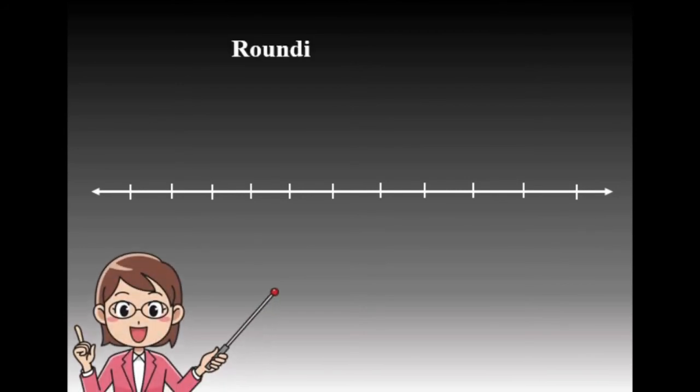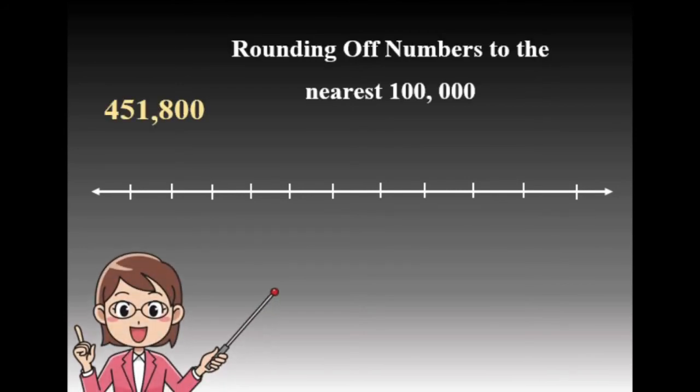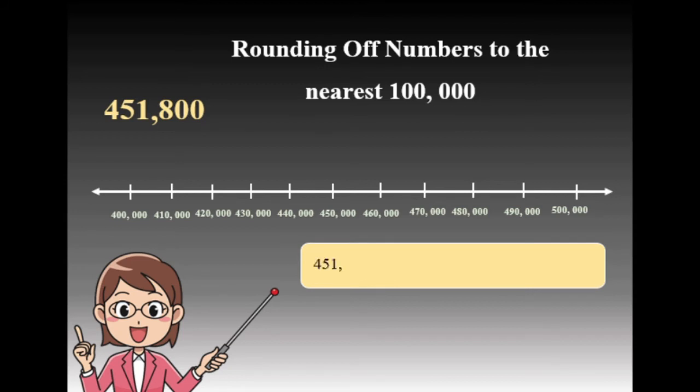Next, let's round off numbers to the nearest 100,000. So you have here 451,800. So the number is between 400,000 and 500,000. So where do you think this number is located at? Maybe it's over here.